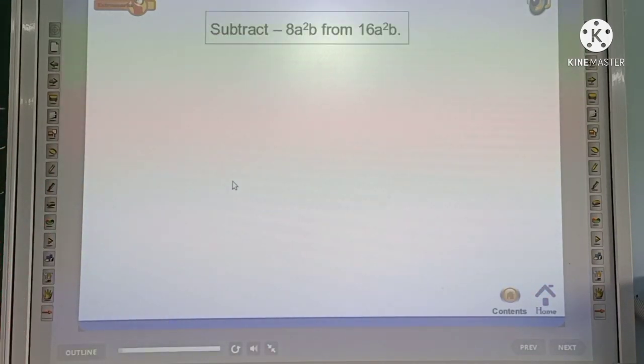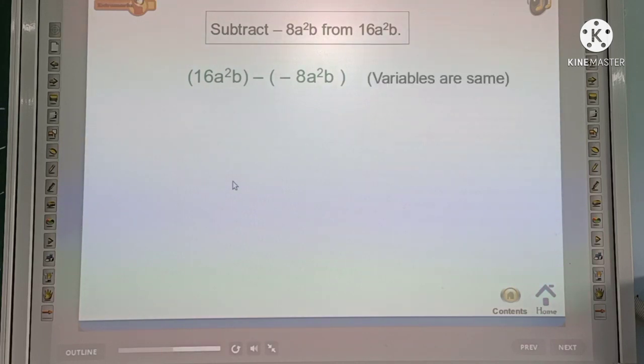Let us take one more example to clearly understand the subtraction. Subtract minus 8a squared b from 16a squared b. To solve this, we will first write the subtraction problem with the minus sign as shown here. Now observe that the variables are same.